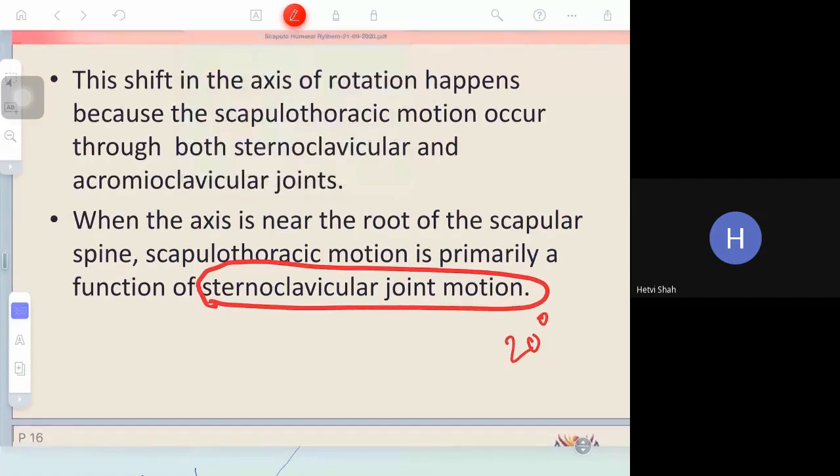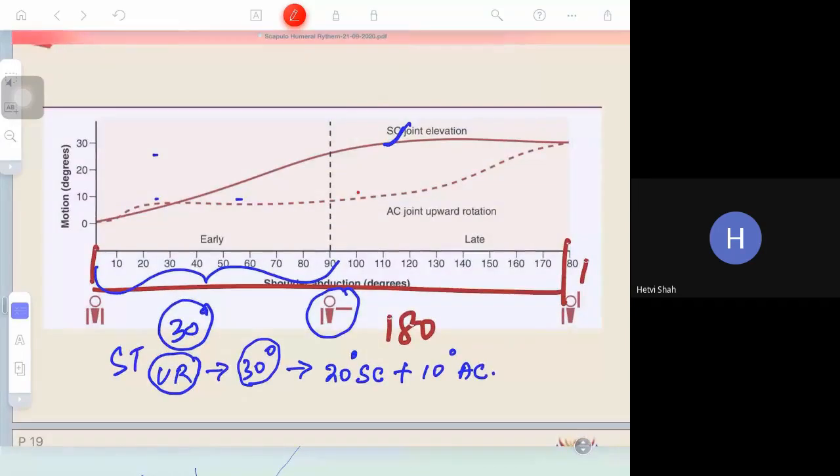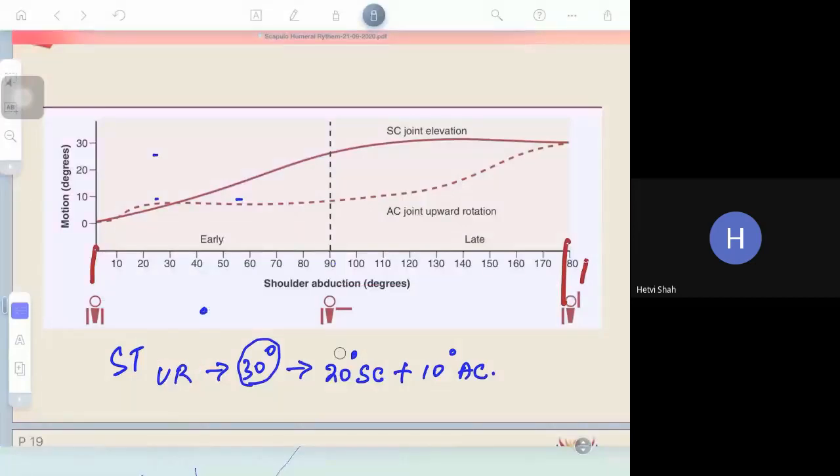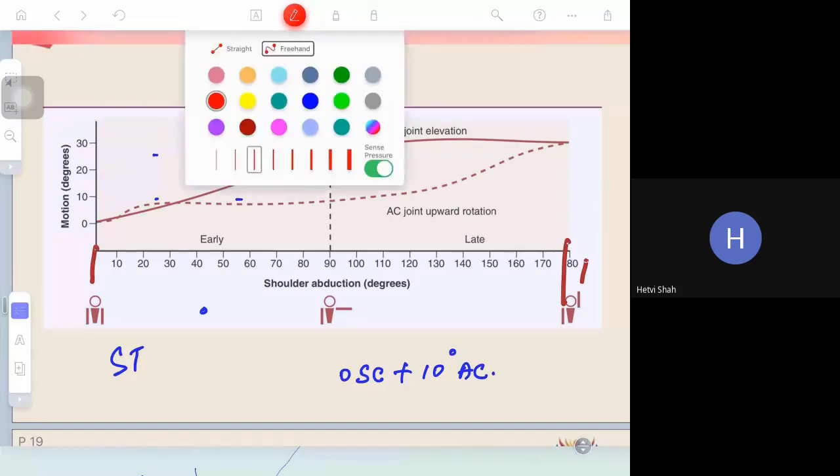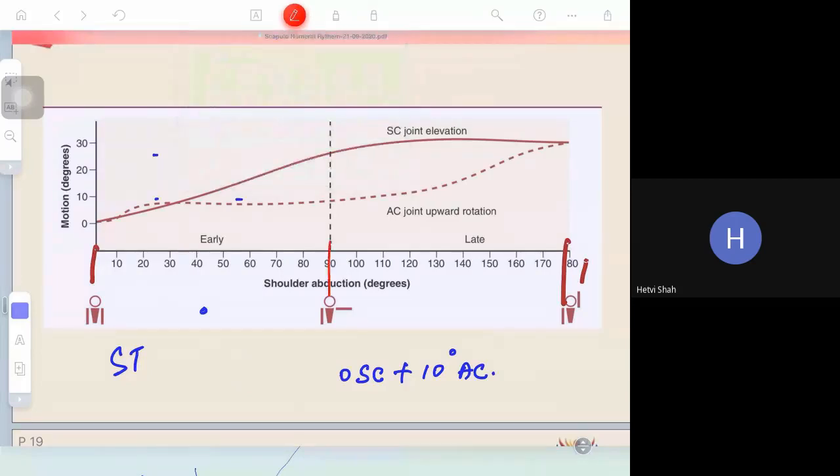Now you see the second diagram here, this portion. So the next 90 degrees, that is from here to here, now the axis is shifted to numbers 3 and 4. Here the axis is at 1 and 2.